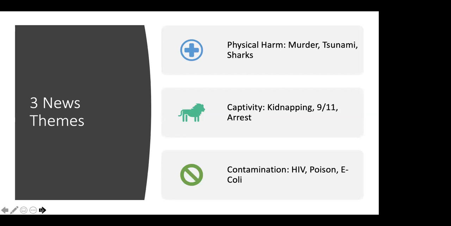Physical harm means things like murder, tsunami, sharks, and kidnapping, 911, arrest, and the last one is HIV, poison, E. coli. Next, please.